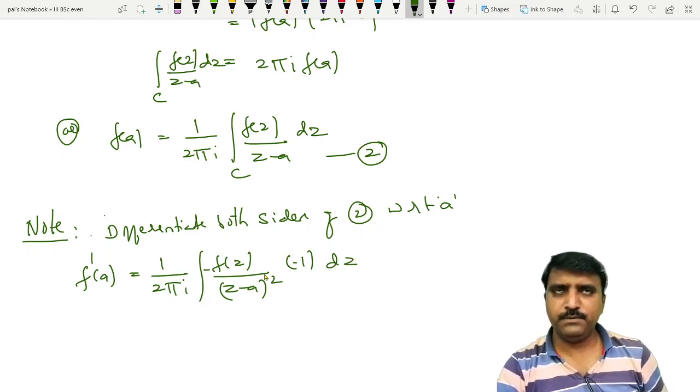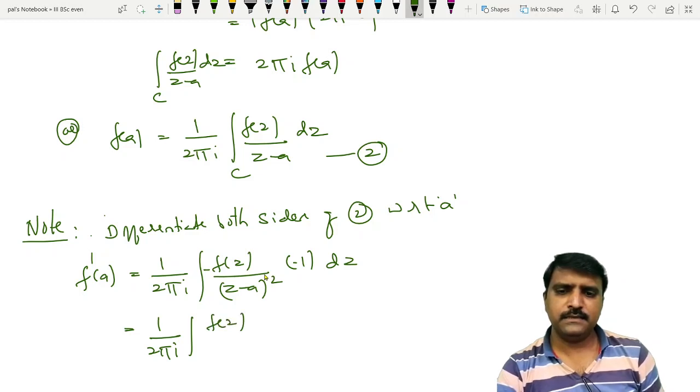Its simplification gives 1/(2πi) times the integration of f(z)/(z−a)² dz, since minus becomes plus.